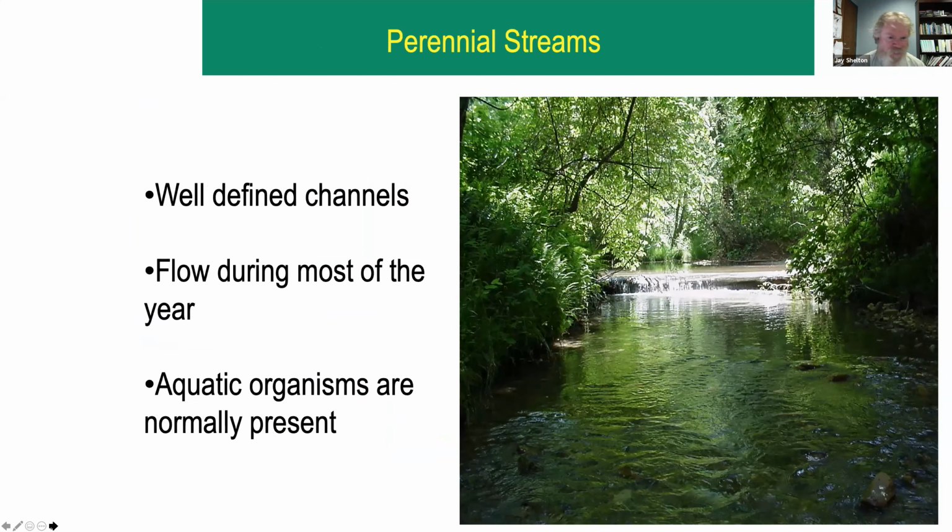And so, starting with the well-defined perennial streams, and some of you may be lucky enough to have a view like this on your property or on property that you manage. Obviously, in these streams, because there's water flowing year-round, they tend to develop diverse, robust aquatic organisms that are easy to sample, but that's not the only water resource that we pay attention to and that we should care about.